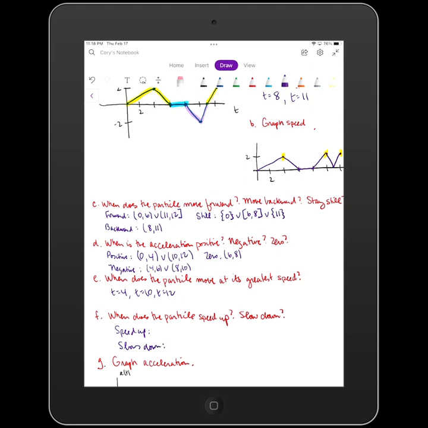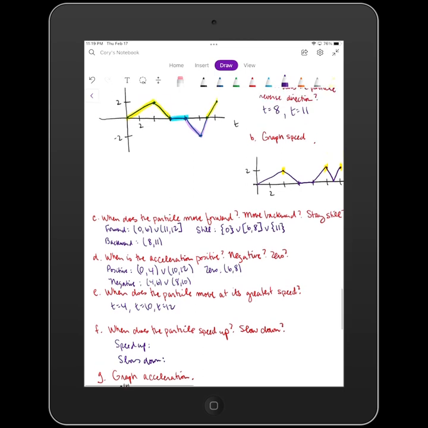So based on what we discussed on Wednesday, we know a particle speeds up when velocity and acceleration have the same sign. So both velocity and acceleration can be positive, or both can be negative. And the particle is going to slow down when velocity and acceleration have opposite signs.